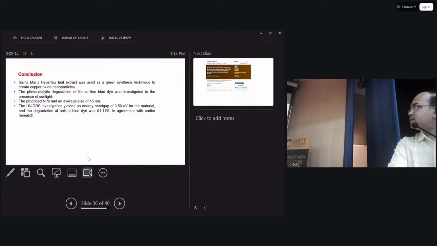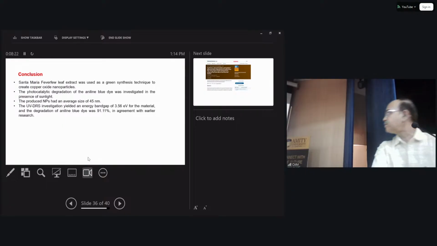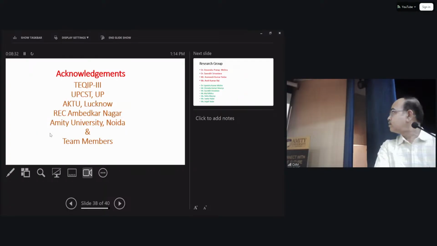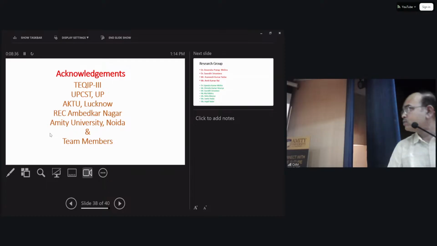Average size was around 45 nanometer, and with the help of UV DRS, band gap was found to be 3.56 electron volt, and degradation of aniline blue was around 91.11% in first round. This paper was published in some Scopus journal. I am thankful to TCUB 3, UPCST, AKTU Lucknow, REC Ambedkar Nagar, and MIT University Noida also, and other team members.